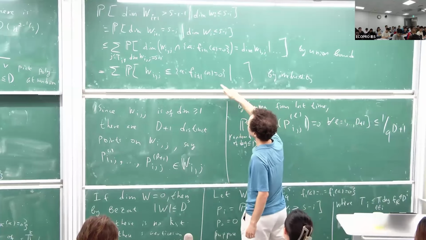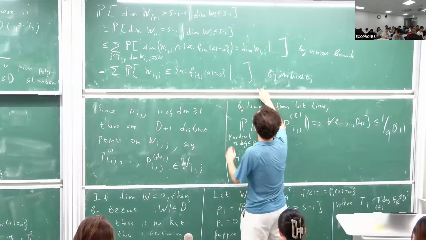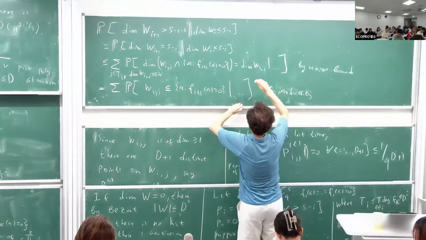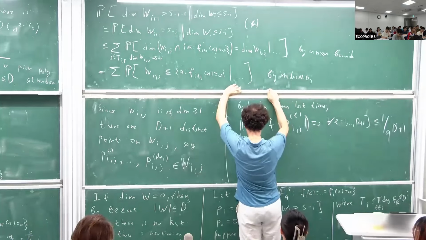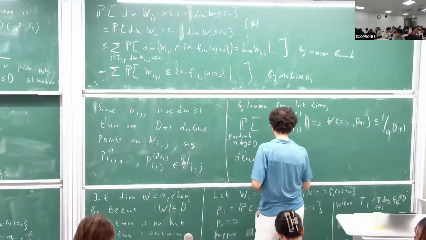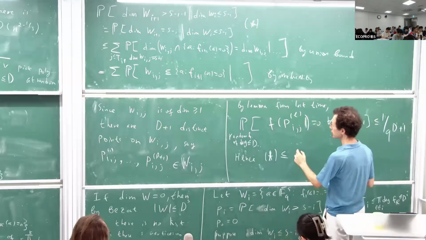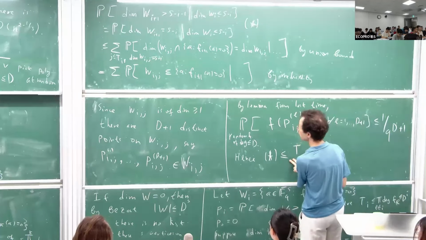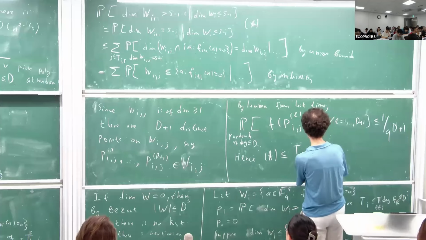So that expression is going to be at most the number of components T_i times this probability.